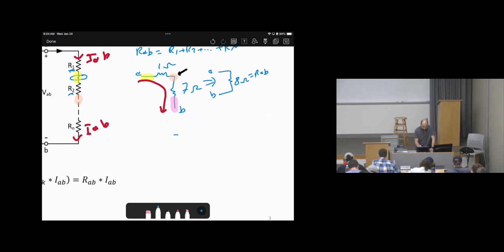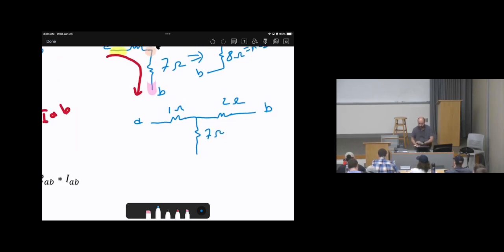Another scenario. Here is 1 ohm, 7 ohms, 2 ohms. Here is A, here is B. Now I need to find the equivalent resistance between A and B. So the 1 ohm and 2 ohms, are those in series or in parallel?